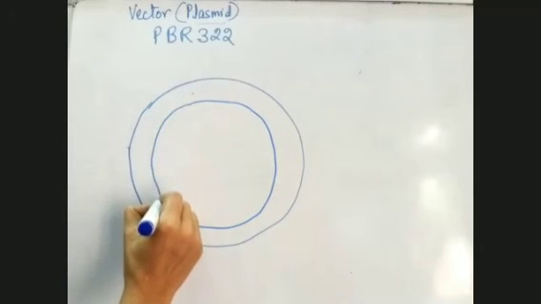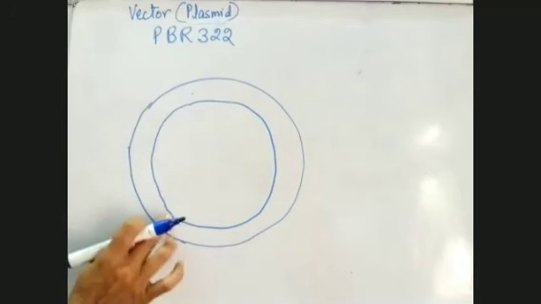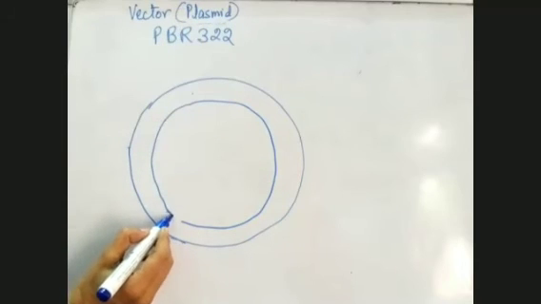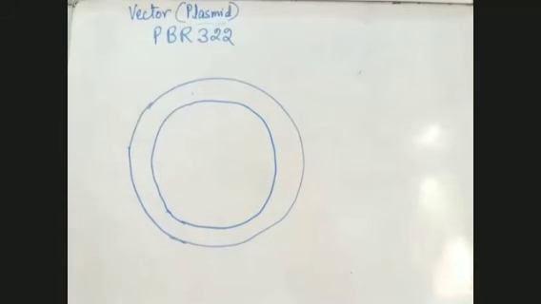This is a plasmid which will act like a vector, which helps to carry it. Now this is not a natural vector, this is an artificial vector. Rather, this was the first artificially formed vector. PBR322 was the first artificially formed vector.